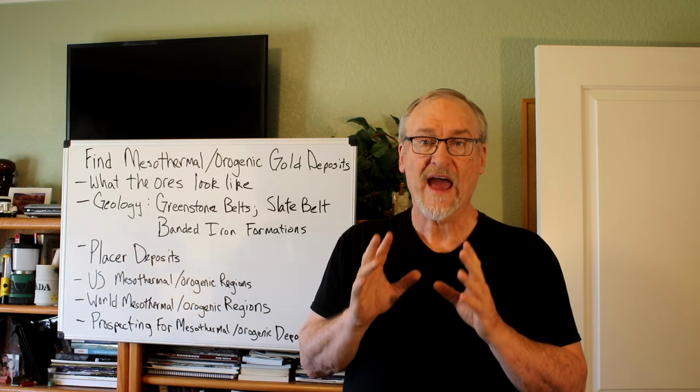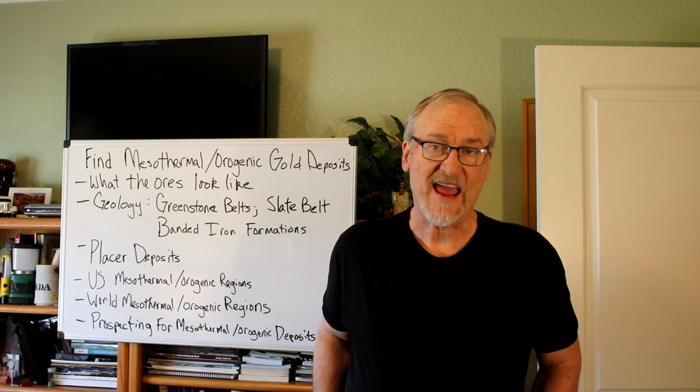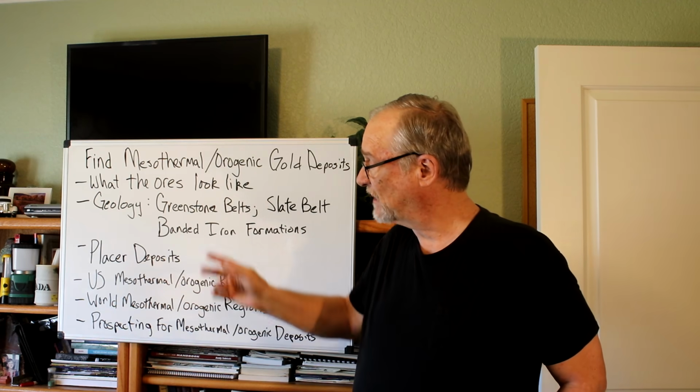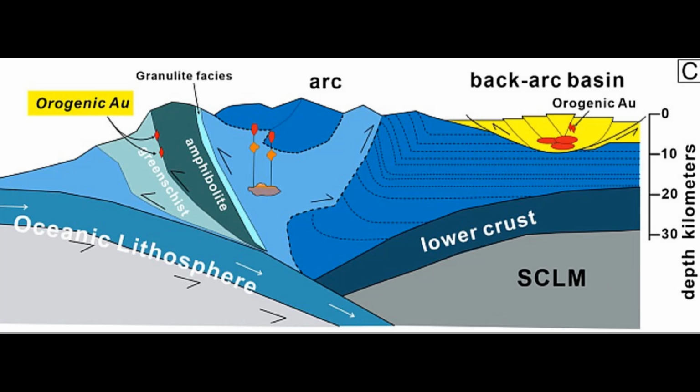Let's take a look at some diagrams to better understand the greenstone belt class of these deposits. So here's a diagram that kind of shows how these greenstone belts are formed at intersections where two plates are coming together and one is going down below the other.